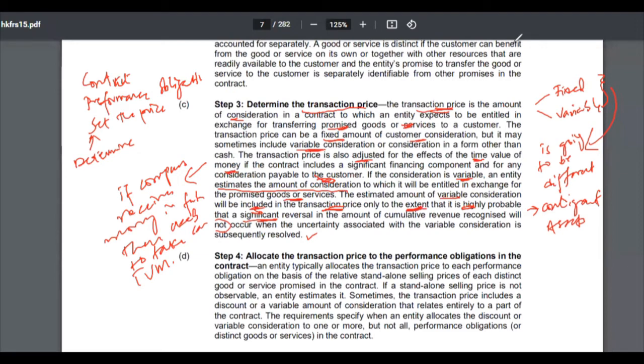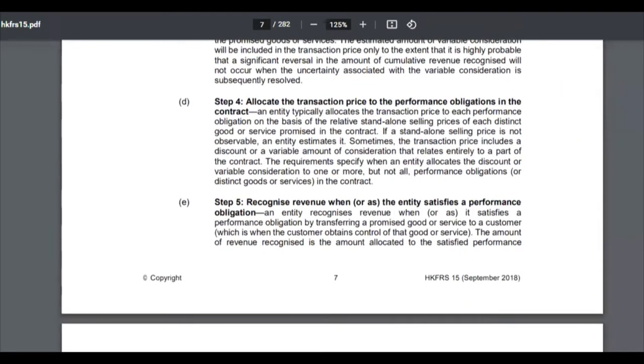Let's look at step 4. Step 4: allocate the transaction price to performance obligations, right?